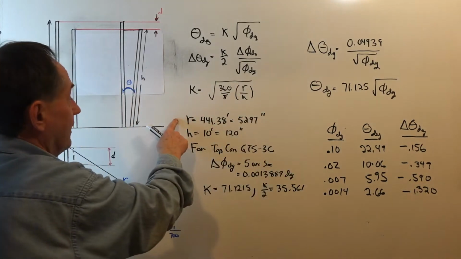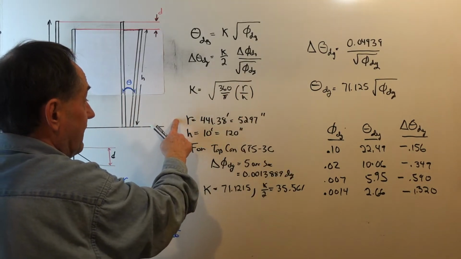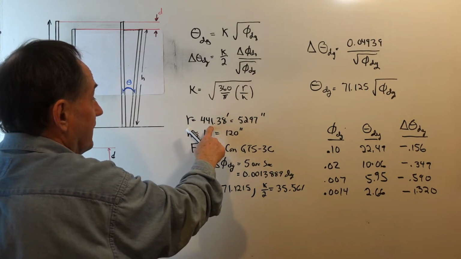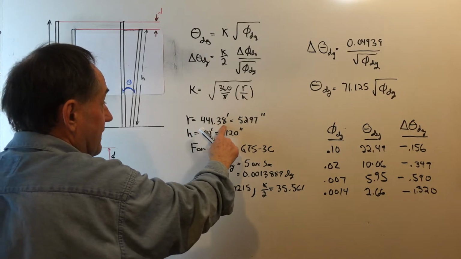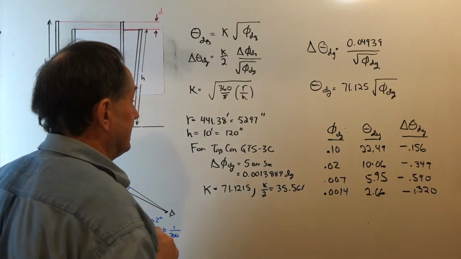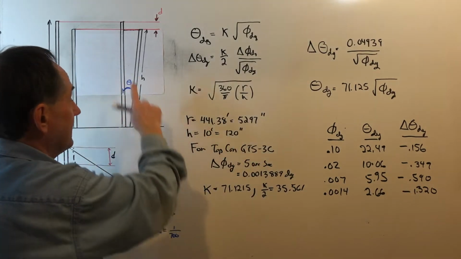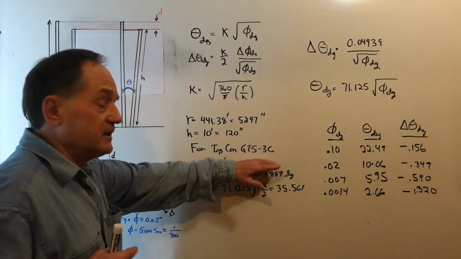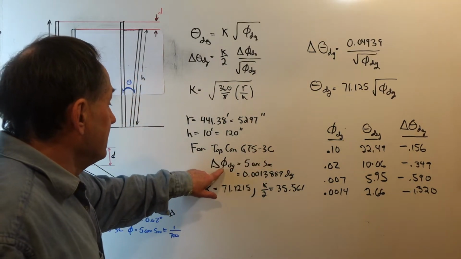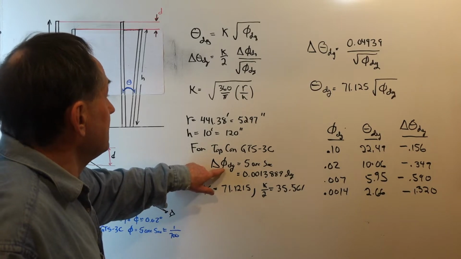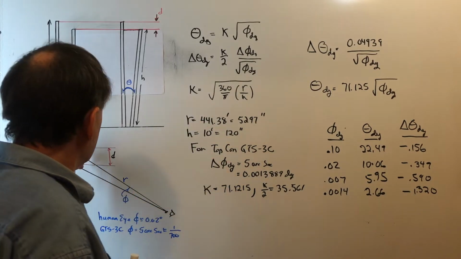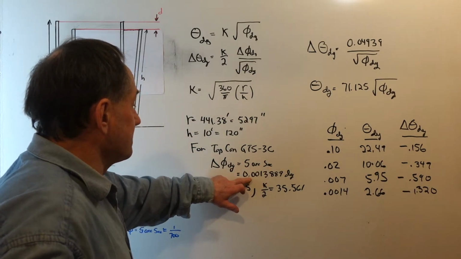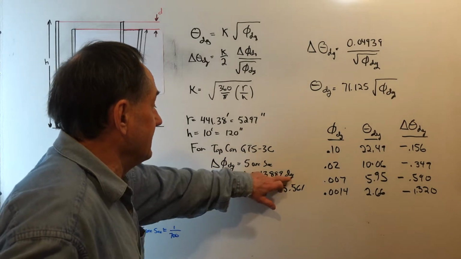Now, for the tests that I'm running, I ran the distance meter, and it gave me 441.38 feet, which is 5,296.6 inches. The height of the poles is 10 feet, or 120 inches. And for this Topcon GTS 3C I just showed you, the uncertainty in the angular measure of the perceived height difference of the poles is 5 arc seconds, which is 0.0013889 degrees.